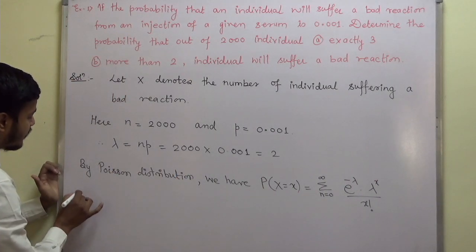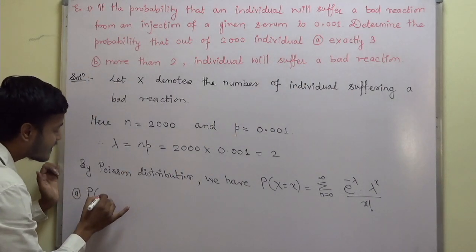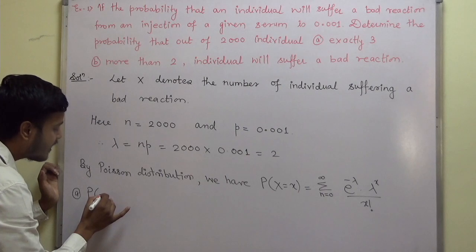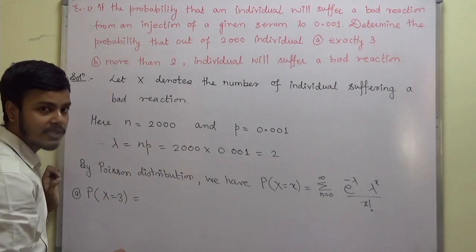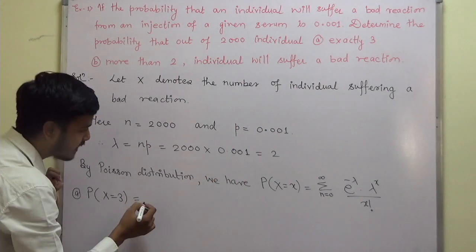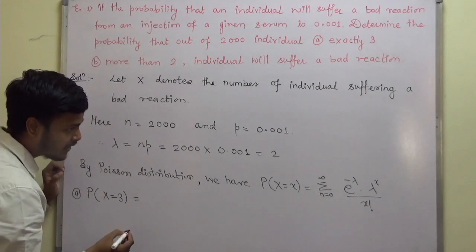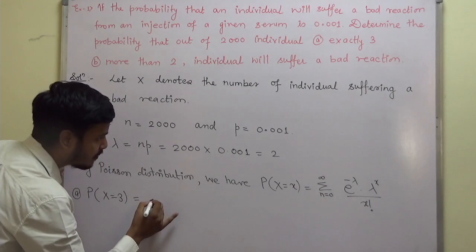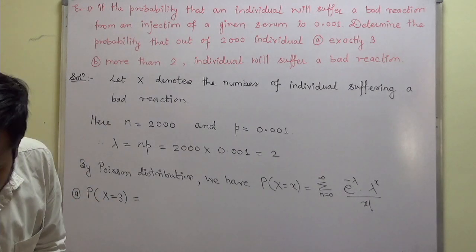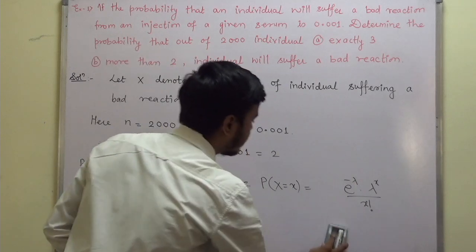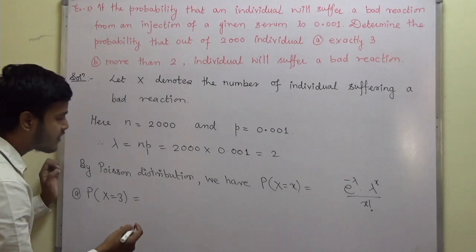So number 1, what we have to find out? We have to find out the probability of exactly 3, which means x is equal to 3, that is 3 individuals suffering from a bad reaction. You just have to substitute the values over here. Oh sorry, summation is not there, just a correction. This is the probability function in the Poisson distribution.